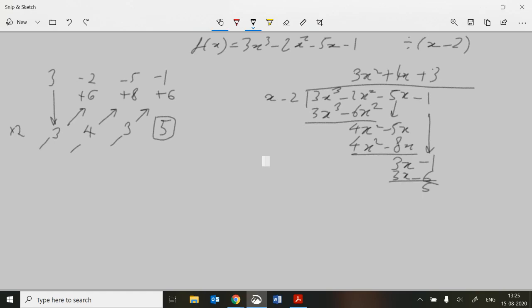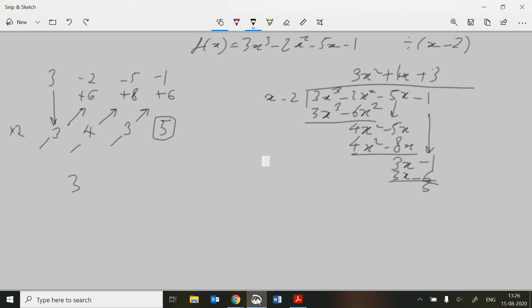Now, that doesn't prove that this is going to be the quotient. It's much more tricky to figure out why the quotient comes out from this process. Now, I suppose you could set this up instead.